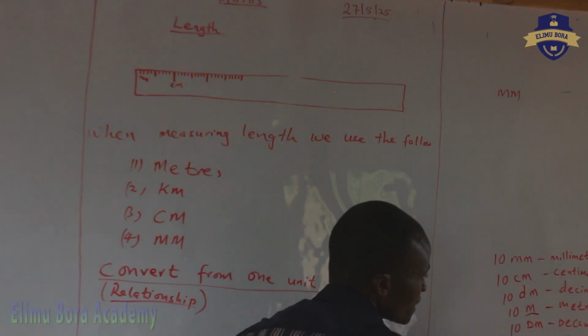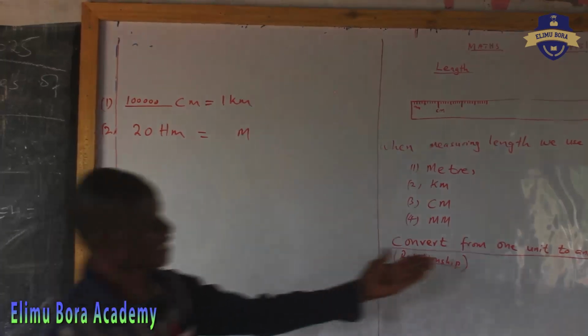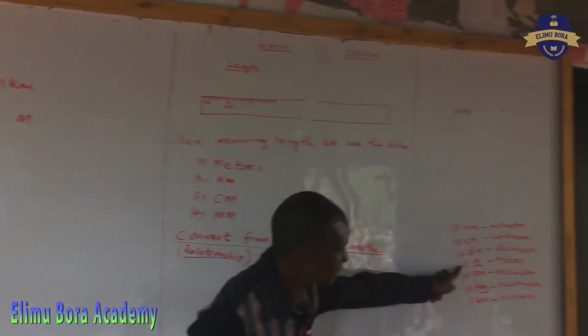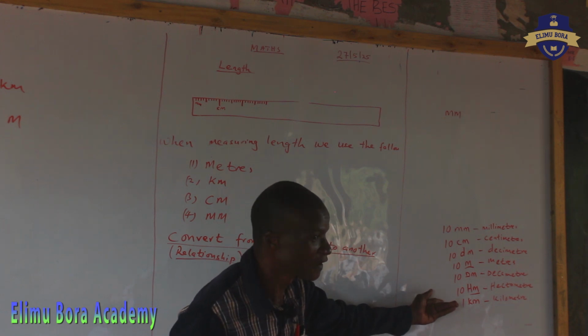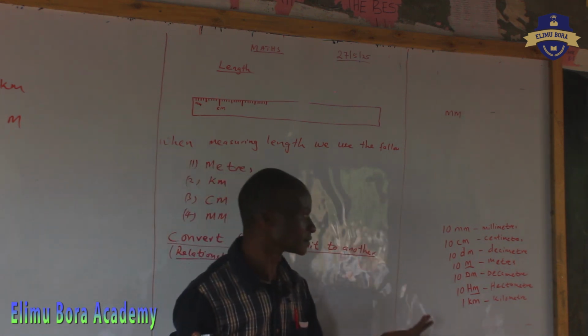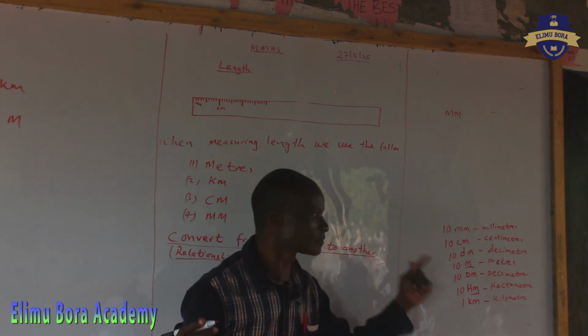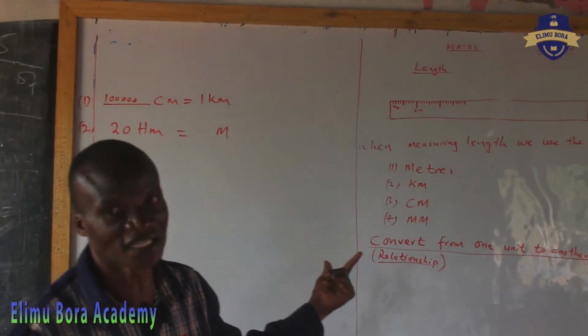Meter and hectometer. So, what do we say? Which one is bigger? Meter and hectometer. Which one is bigger? Hectometer. How many meters make 1 hectometer here, class? Elias?